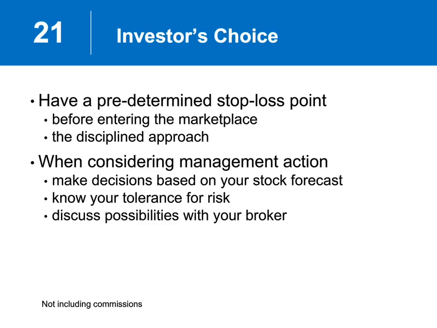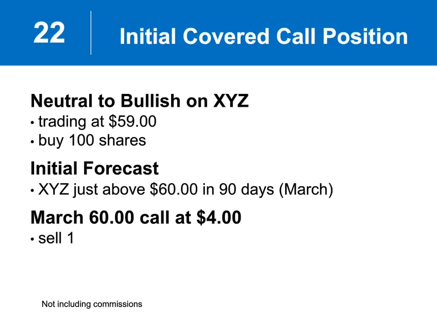So let's get into a couple specific examples. I think we get 4 or 5 of these, but let's start with our initial position. So we've got good old XYZ, and XYZ is currently trading at 59. You can see our forecast is neutral to bullish.